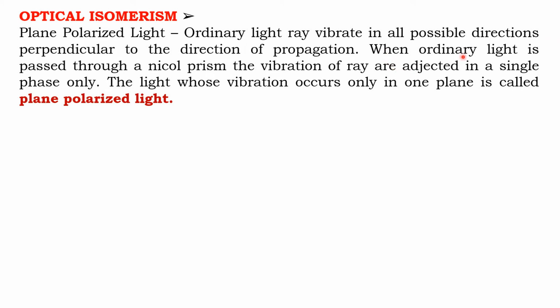When ordinary light is allowed to pass through a Nicol prism, that Nicol prism will cancel all directions of vibrations except one. And this light, whose vibration occurs only in one plane, is called plane polarized light. So an optical compound behaves with plane polarized light in a different fashion.